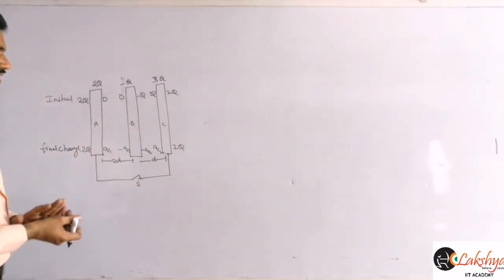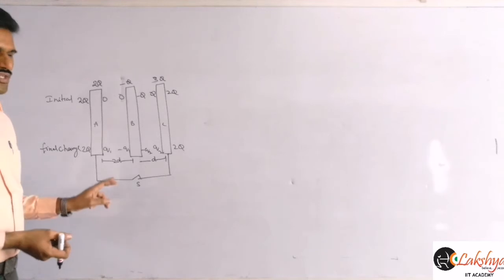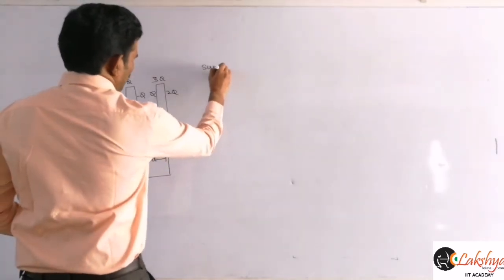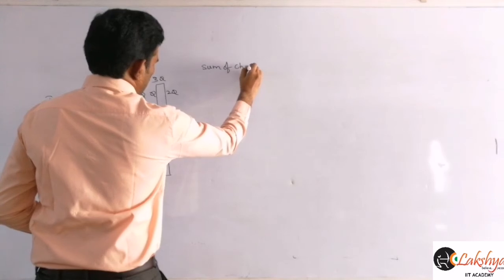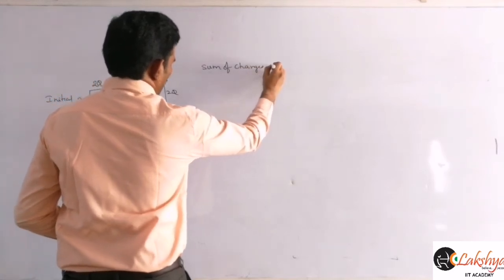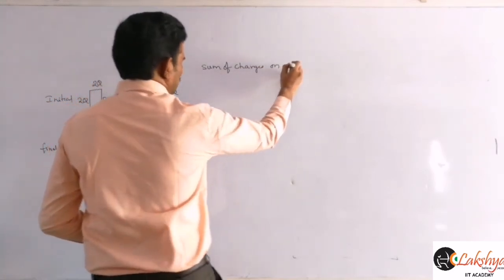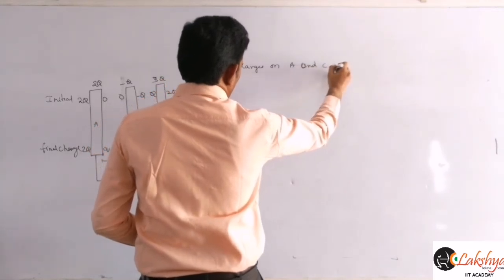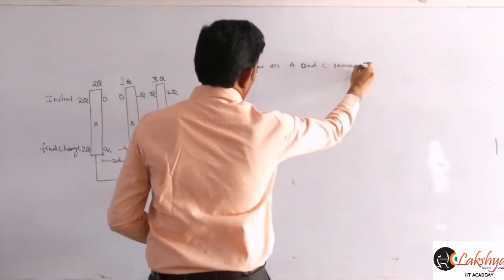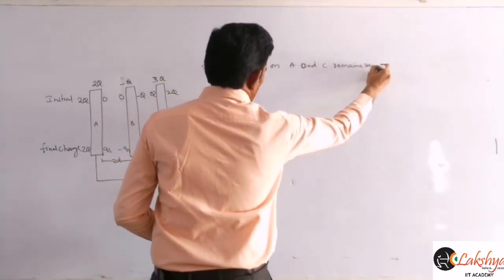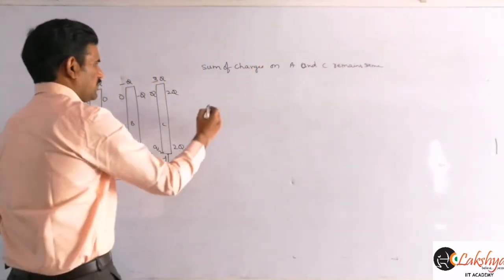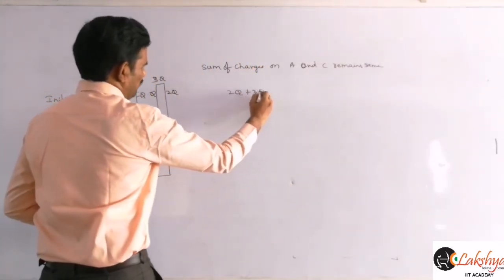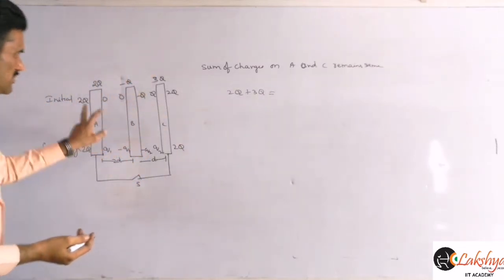Now here we can apply conservation of charge on these two plates. The sum of charges on A and C remains the same, because those two plates are connected together. So initial charge will be 2q plus 3q, that is the initial sum of charges here.